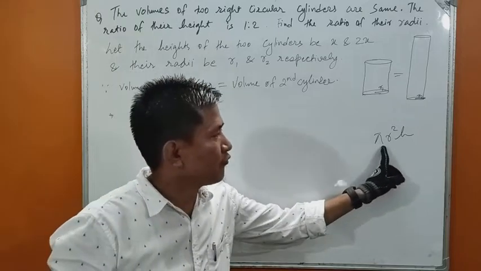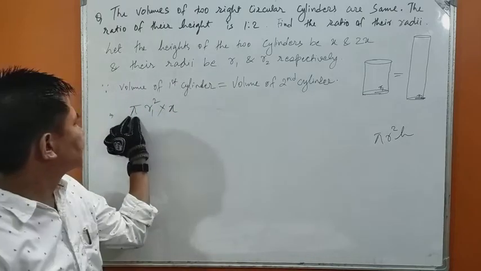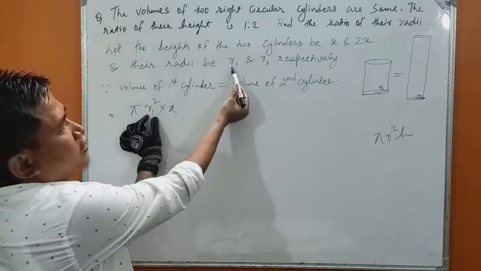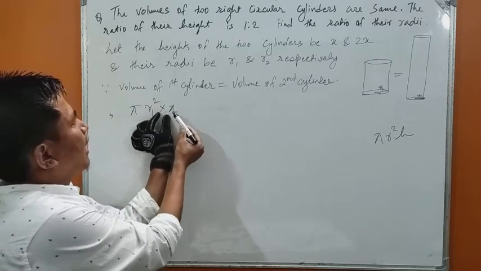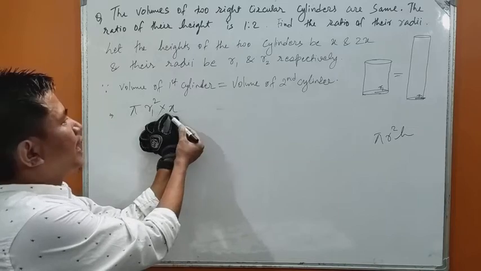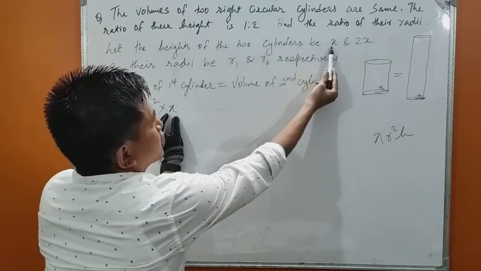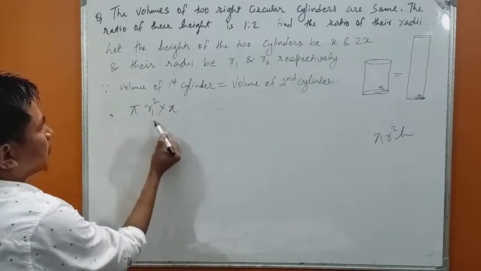This is the formula for the volume of a cylinder. So pi r1 square, where r1 is the radius of the base, into the height, which is x. So this is the volume of the first cylinder.